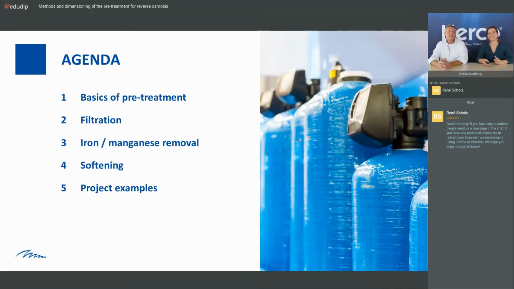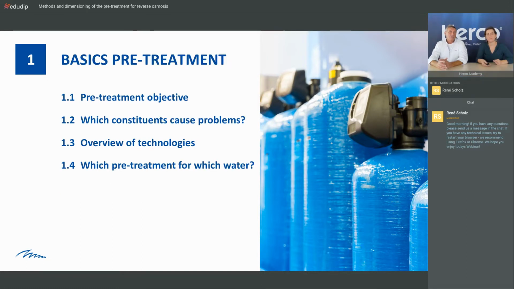Great. Then we'll start right away with the agenda. We'll show you some basics of the pre-treatment, recap a bit the last webinar also, and then we will show three very important pre-treatment options, which are filtration, iron manganese removal, and softening. And we'll show you a few project examples as well. So the basics of pre-treatment.